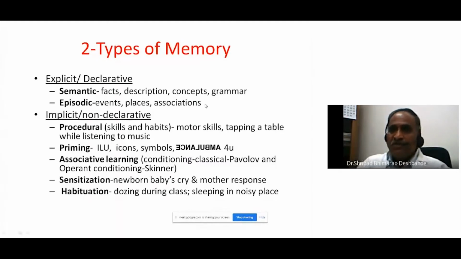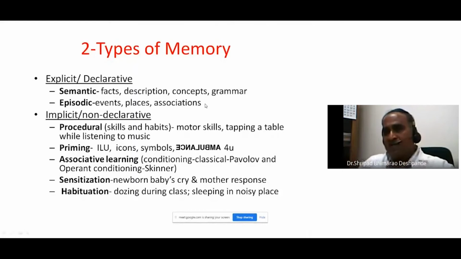One, procedural implicit memory. These are the motor skills we develop during our life, whether cycling, motorbiking, racing or swimming.